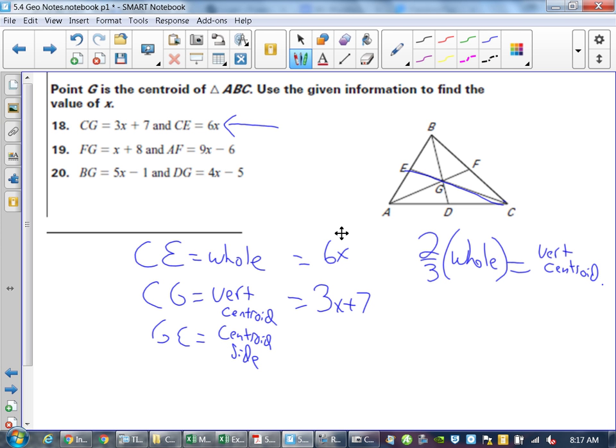The more I write it out in terms of what exactly is going to go where, the easier everything becomes. So now I have to use 2/3 of 6x equals 3x plus 7.